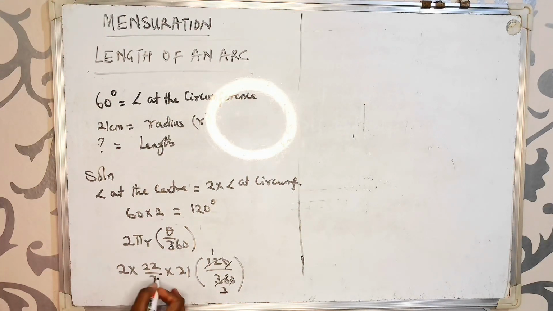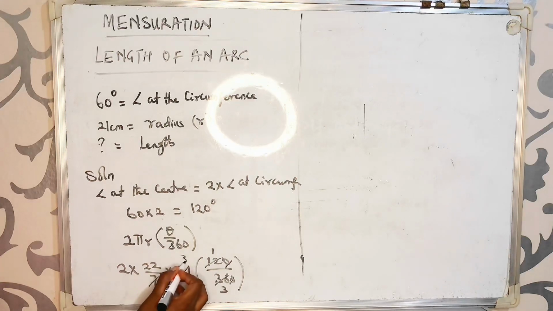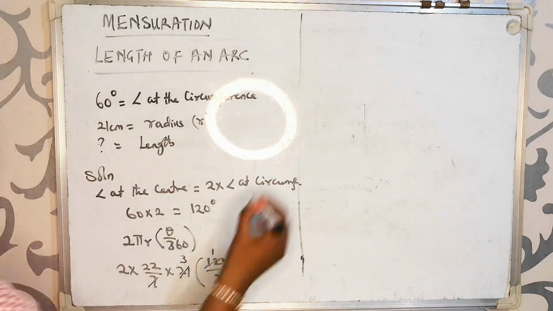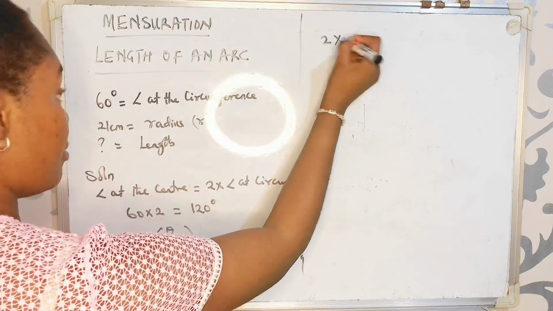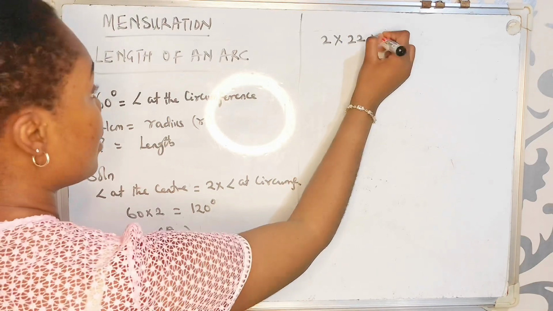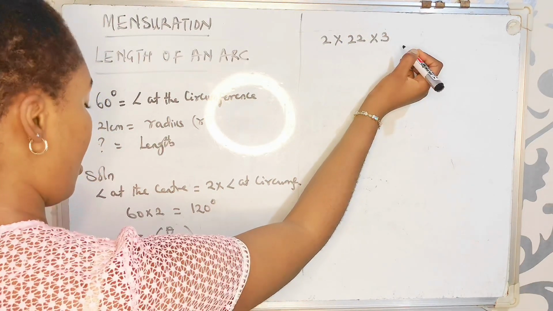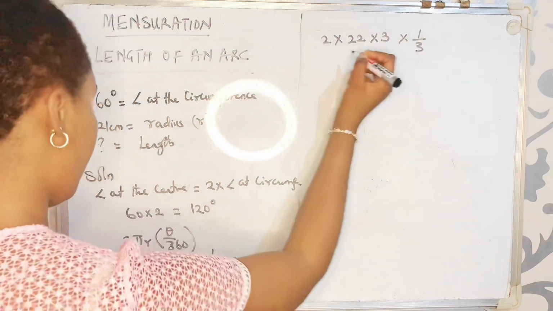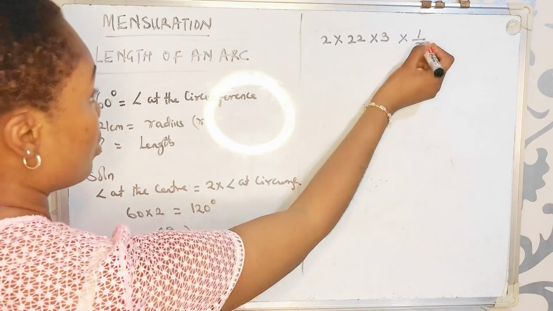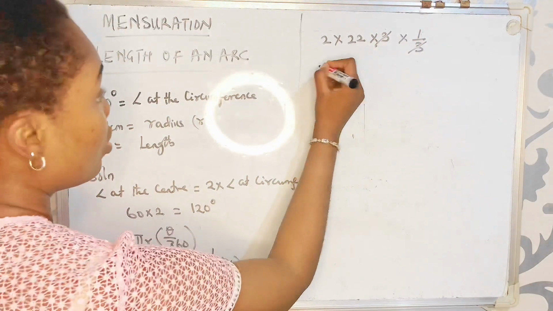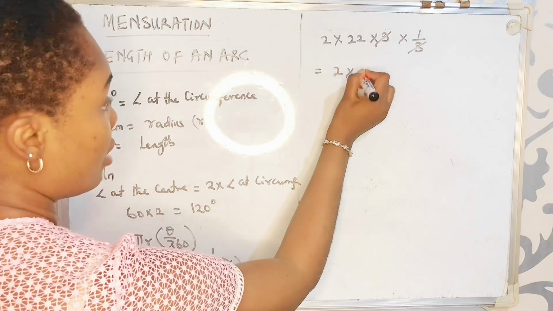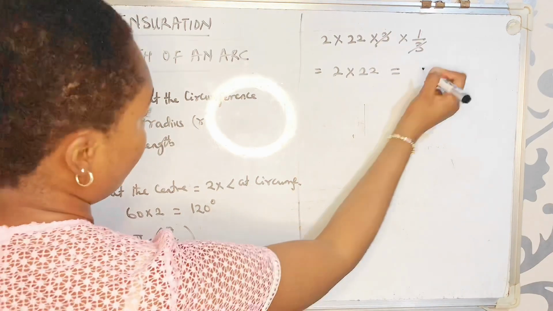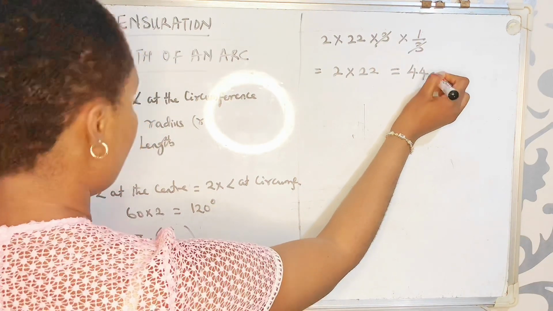Then for this, we already know that 7 into 21 will give us 3, right? So we'll be left with 2 times 22 times 3 times 1/3. We use this to divide this. So we'll be left with 2 times 22, which will give us 44 centimeters.